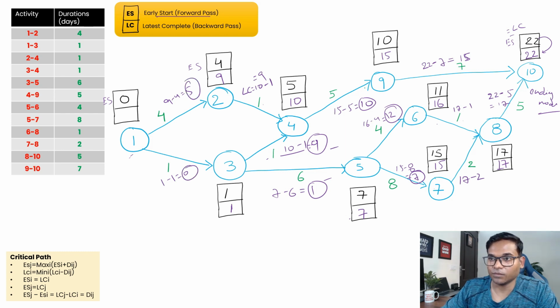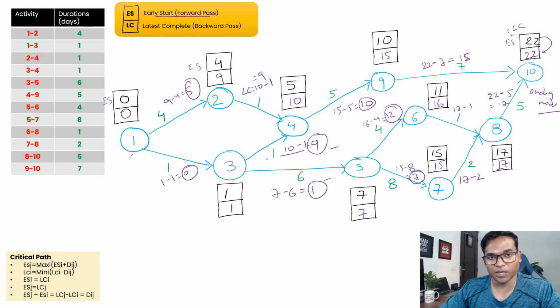If we have to take the minimum, it has to be 0, and logically it should be 0. If your network is correct, the late start of the starting node will always be 0. You start with 0, and when you come back through the whole network, if your calculations are right, your LC should be 0. If it's not 0, that means something's wrong. So this is how you have to calculate.